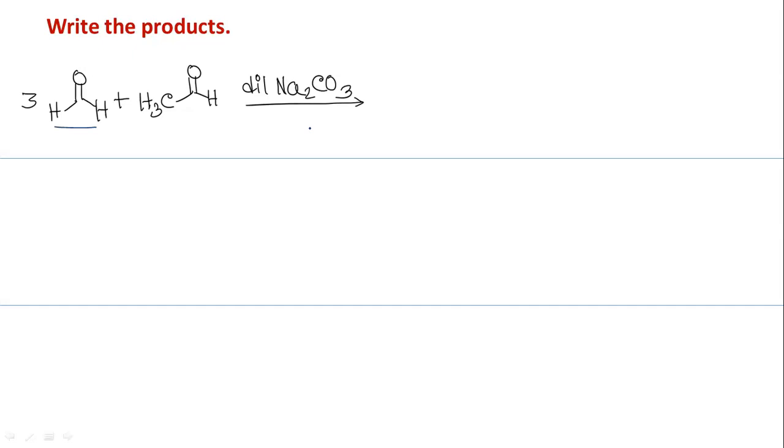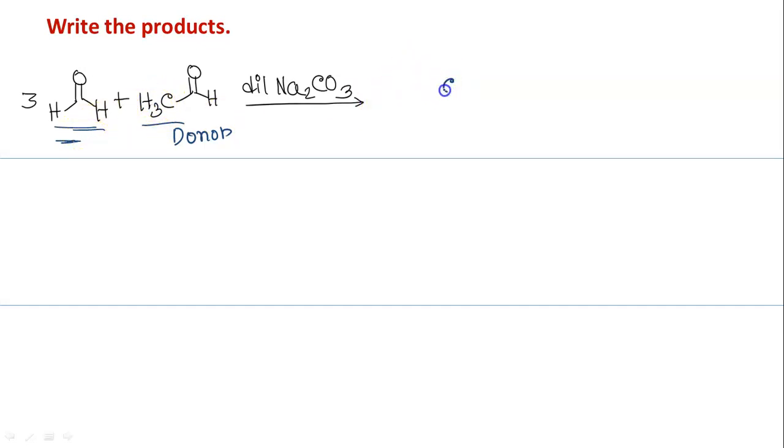First, all these 3 hydrogens of CH3 are alpha hydrogens, and the donor will be this species. This will be the acceptor because there is no alpha hydrogen. So enol can form only in acetaldehyde, and all these 3 hydrogens will be removed one by one, and the CH2OH will come from formaldehyde.